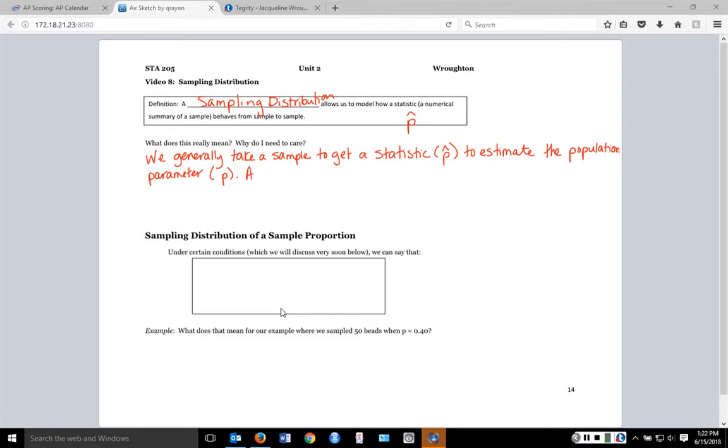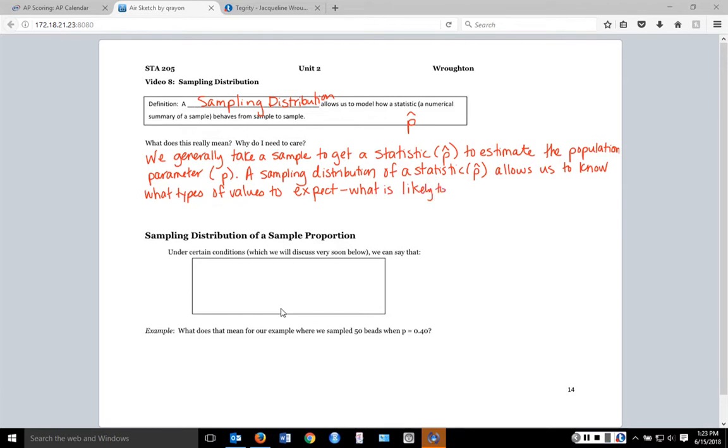So a sampling distribution of a statistic, and again for my statistic here I'm talking about p hat, allows us to know what types of values to expect, that is what is likely to happen versus unlikely to happen.